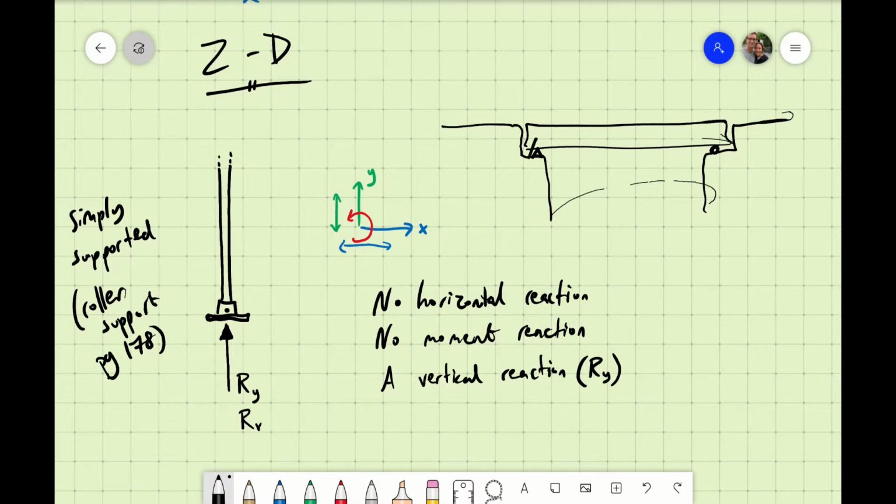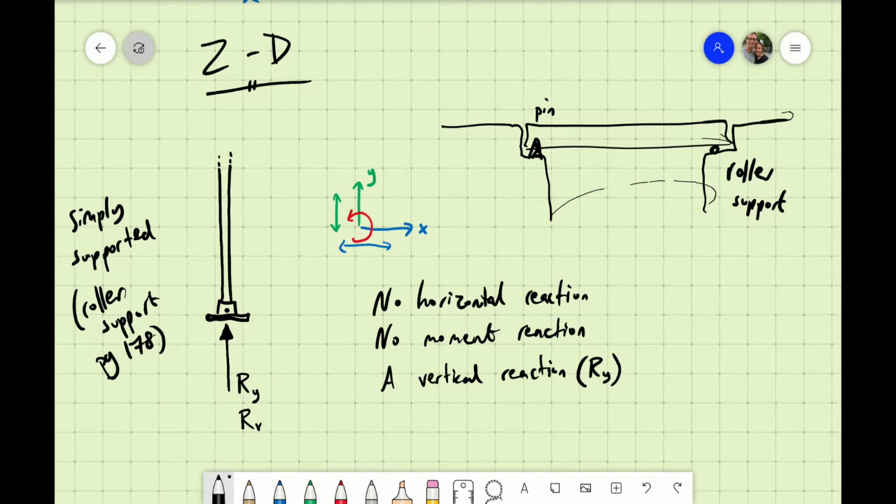This side might be an actual pin or a hinge, but on the other side, they don't pin it or hinge it or bolt it or anything like that. You might expect that they would bolt a bridge at both ends. They actually don't. They only pin it or hinge it at one end, then they let it freely roll back and forth on the other end, and that allows for expansion and contraction. When the bridge gets hot or cold, it actually does change its length. It gets longer and shorter, and that lets it change around freely. So that is one of these cool little roller supports.